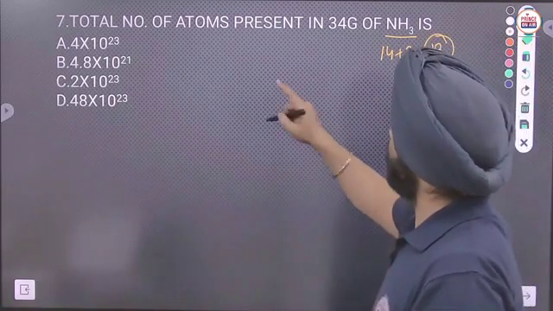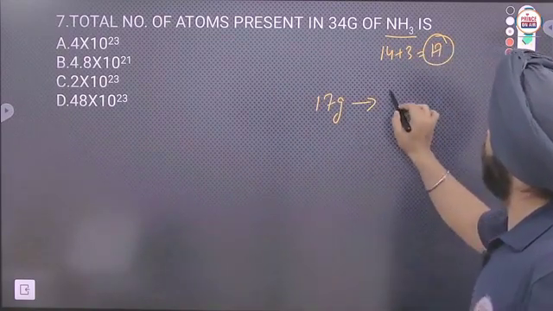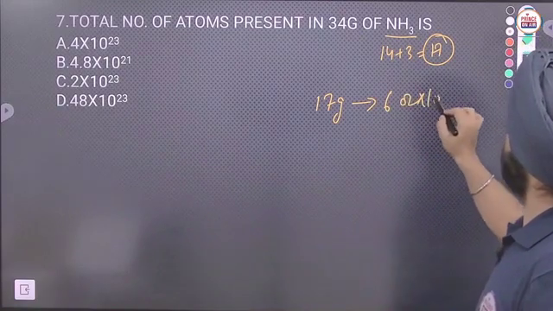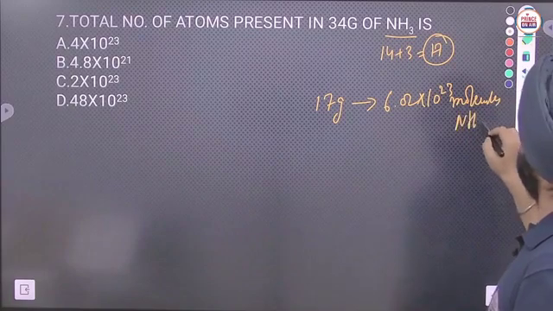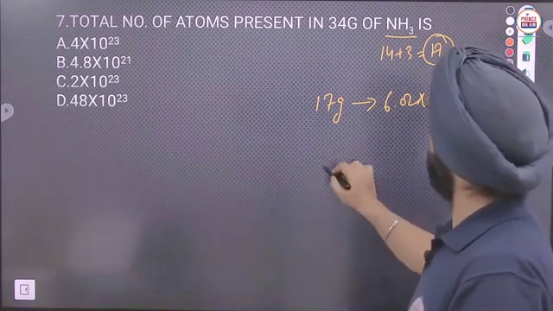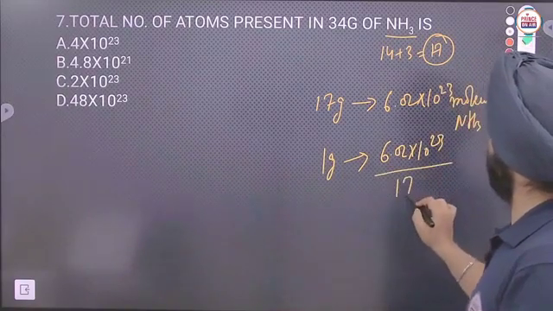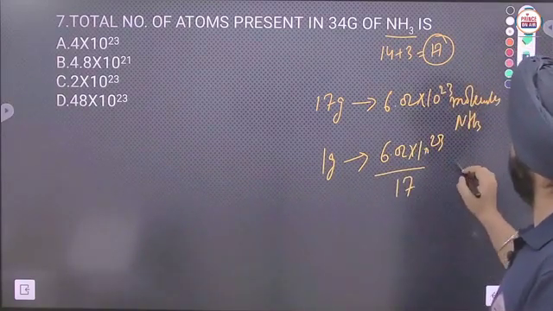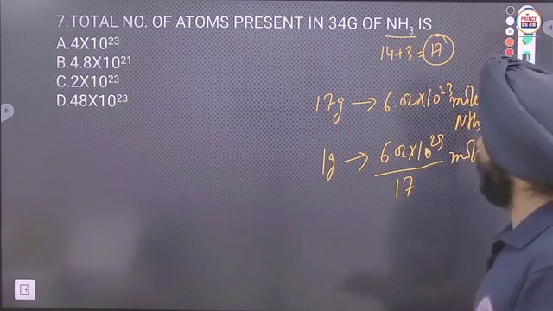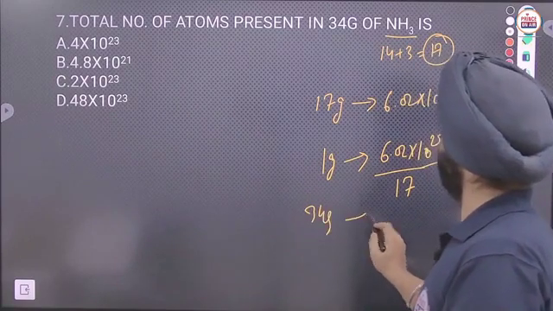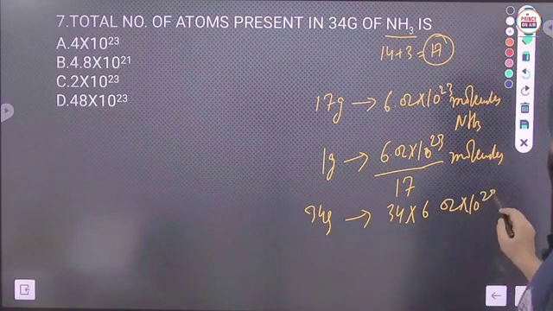So the number of atoms we have to calculate. 17 gram will contain 6.02 into 10 raised to power 23 molecules of ammonia. 1 gram will contain 6.02 into 10 raised to power 23 upon 17 molecules, and 34 gram will contain 34 into 6.02 into 10 raised to power 23 upon 17.